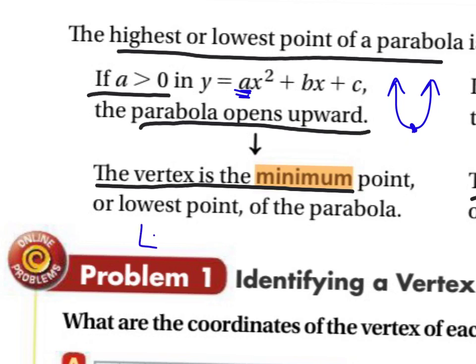For example, if we had y equals 5x squared minus 7, since we have a positive x squared term, that would be a parabola that would open up.